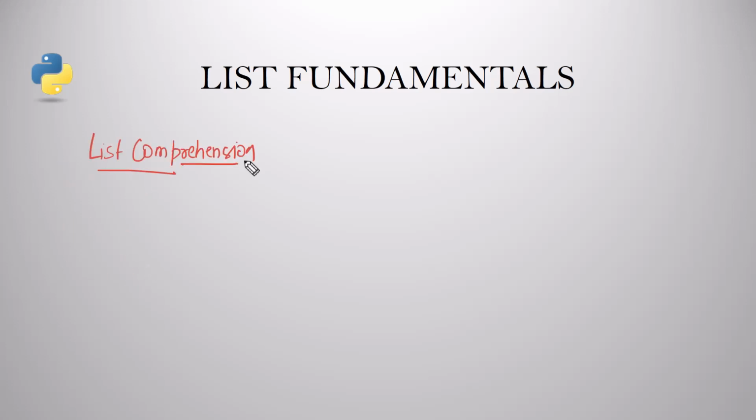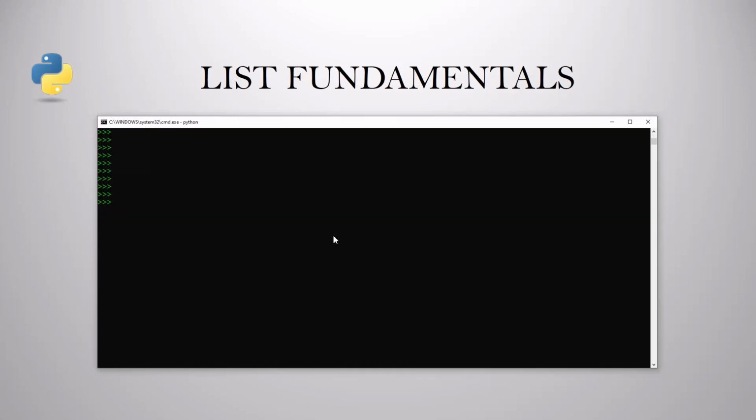List comprehensions are a way to build a new list by applying an expression to each element in a sequence. So let's see this example in the interpreter. Let's create a list L1 equal to x multiplied by 2 for x in 'Python'.